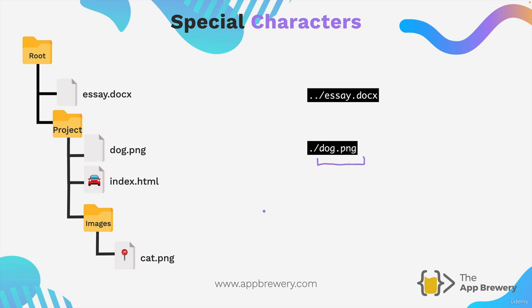Now, one thing you might see out there in the wild is in order to access something within the current directory, which means the folder that your file is directly located in. So in this case, again, it's the project folder. But whenever you want to access anything in the current directory, so anything along the same hierarchy here, so this one or this one or this one, you can also omit the /. So you can actually just simply write dog.png and it will look within the current project folder in order to find that.